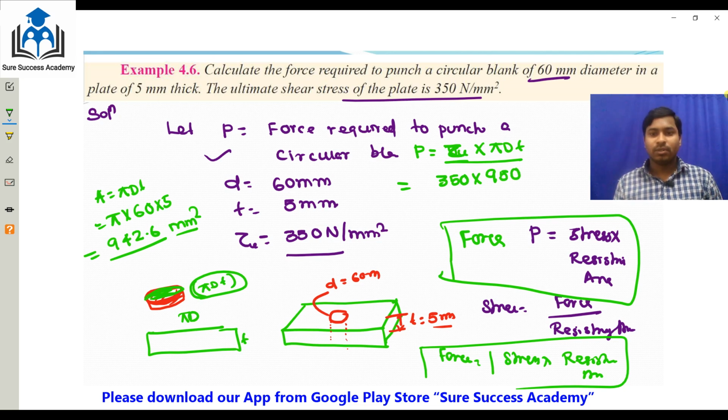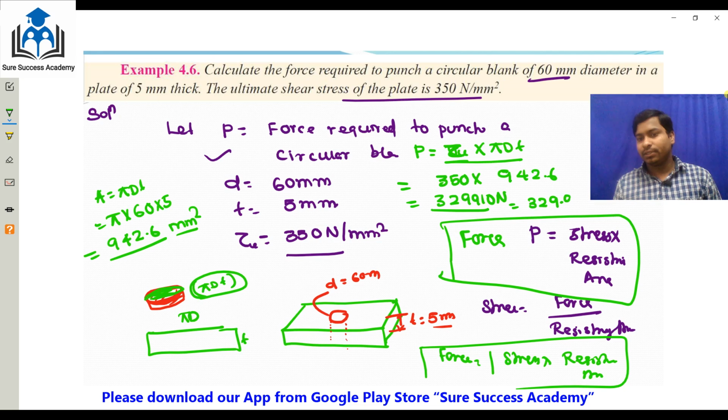Multiplying 350 into 942.6, how much is coming here? It is coming 329,910 Newton, which is equal to 329.91 kilonewtons.